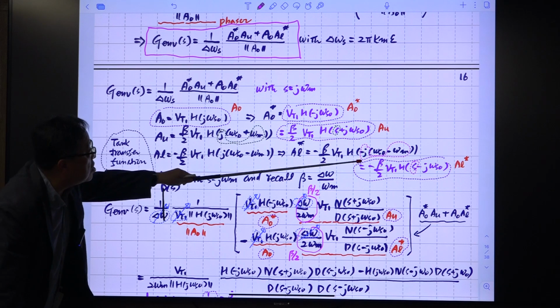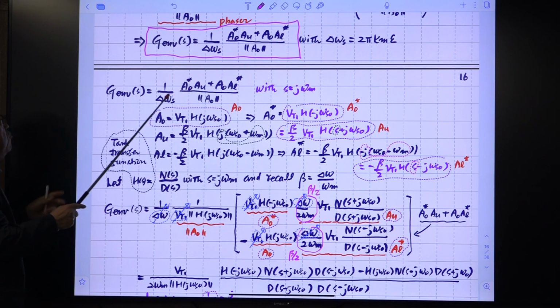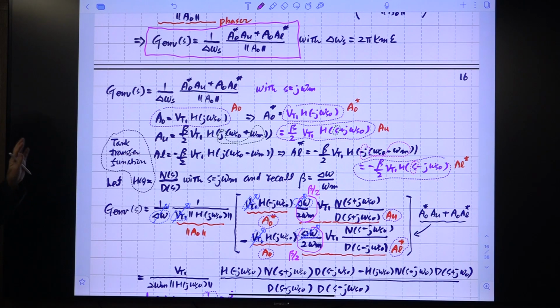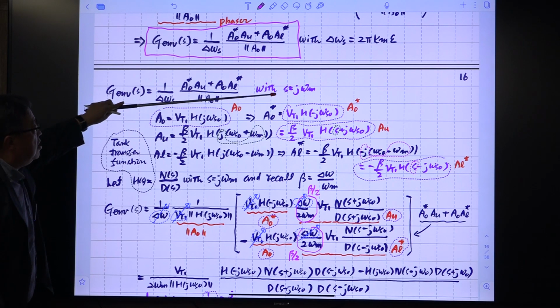Then you have this. But here, you have the S expression. But this S is defined with respect to omega m, right? Not omega S. We have omega S, which specifies the switching frequency, right? In here, S is defined with respect to the modulation frequency, omega m, okay? So S is J omega m.